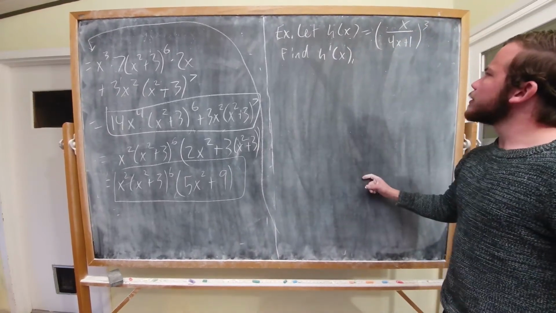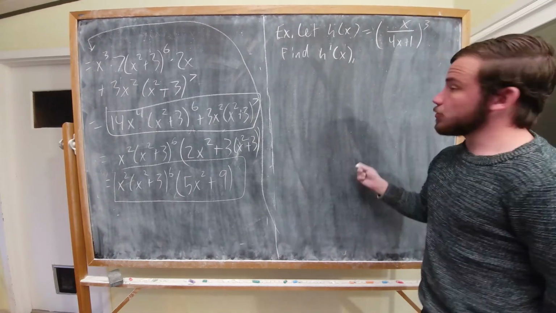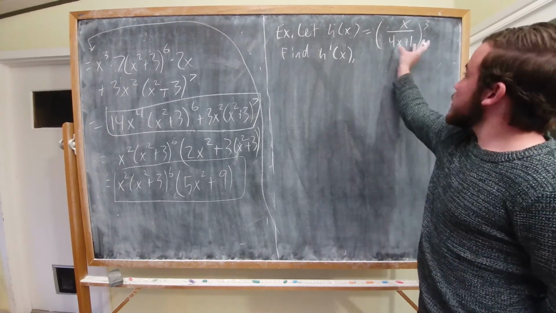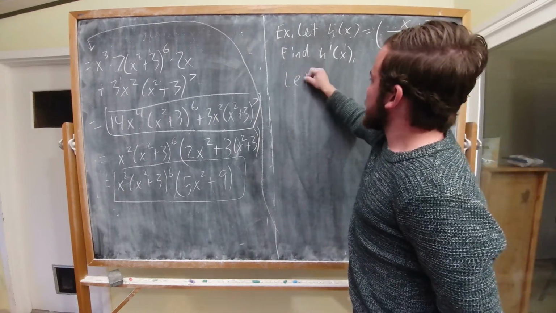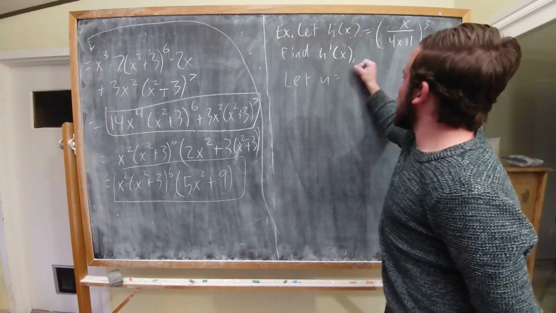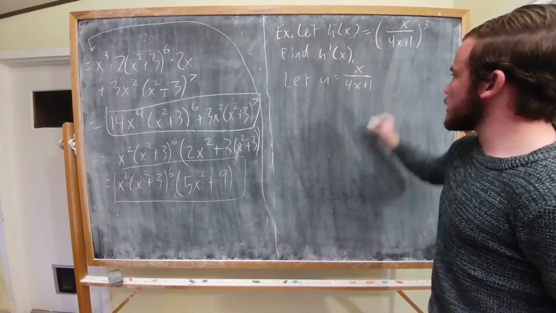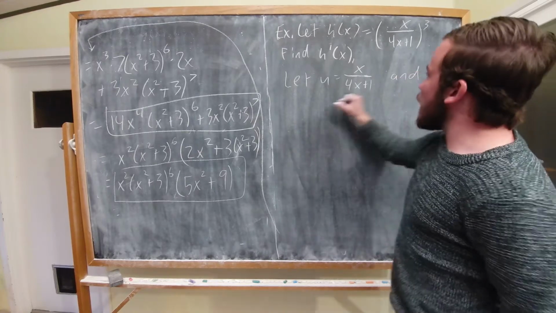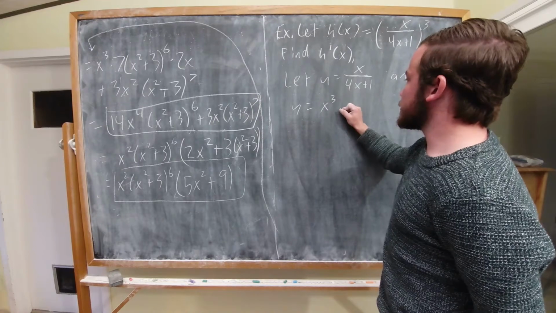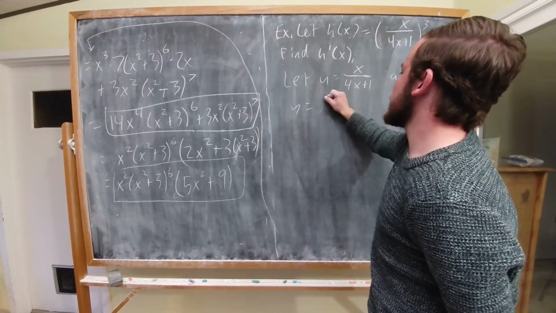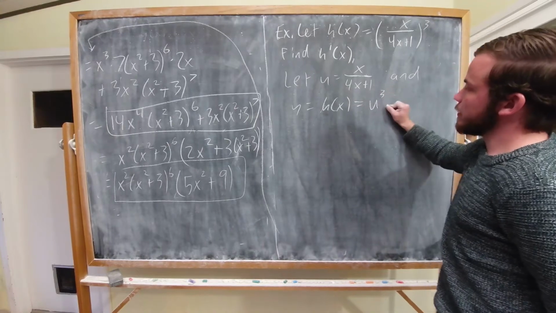Alright, so here's what we're going to do. Let's do a quick substitution. There's a clear inside and outside. Let u equal x over 4x plus 1, and y equal, or sorry, not x cubed, h of x, which is u cubed.